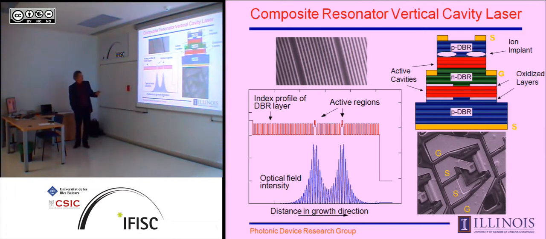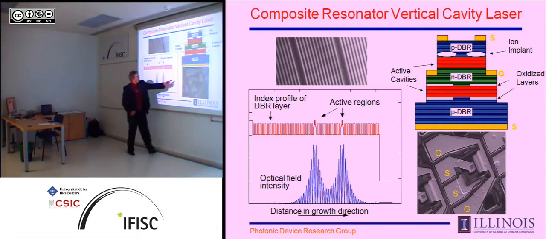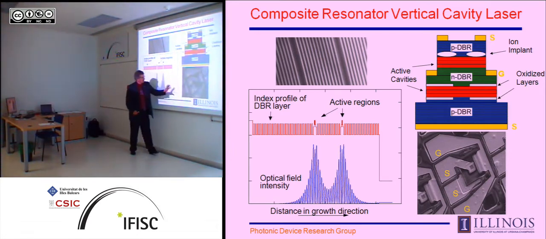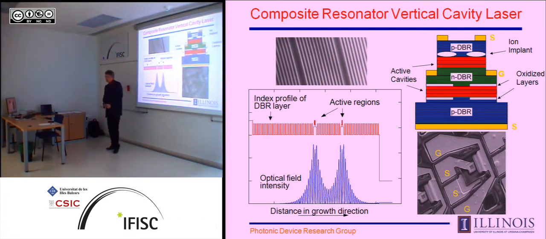Now what we can do is, again, this is one optical mode, but we introduce independent current injection. So we can introduce different amounts of gain into each of the cavities, and thus we can change the device characteristics. So from an electrical engineering point of view, we have a ground-signal-ground configuration here so that we can do very high speed modulation of this device.